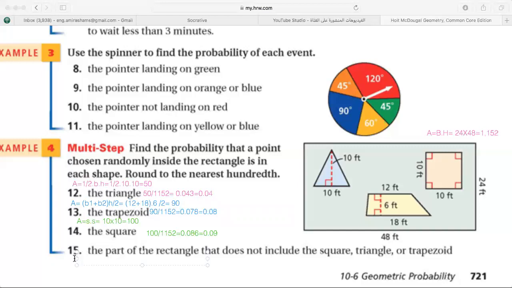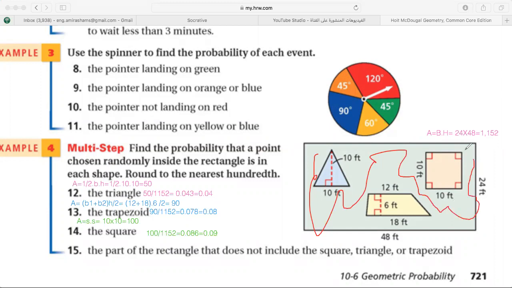Okay, the next part is so nice and interesting. The part of the rectangle that doesn't include the square, the triangle, or the trapezoid. So the total area of the rectangle is 1152. I want the point to be in the green part here.